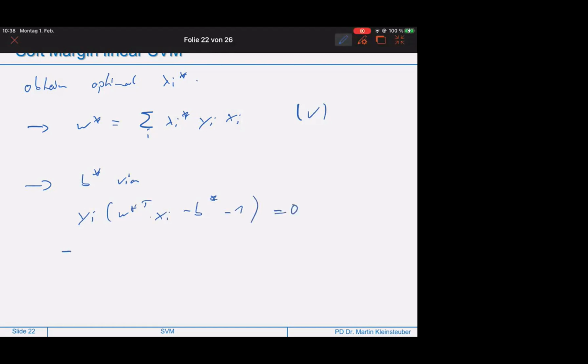Is 0, so that is true for all I that define our xi that lie on the margin. Call it the support, we had that.